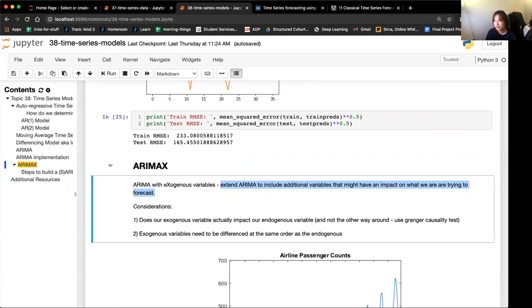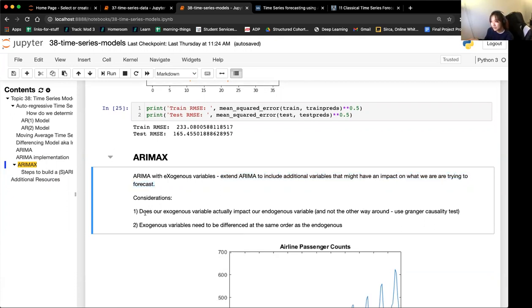Something you have to consider when you add variables into your model: first, does your exogenous variable actually impact your endogenous variable, and not the other way around? Something I might have talked about last time was confounding variables.